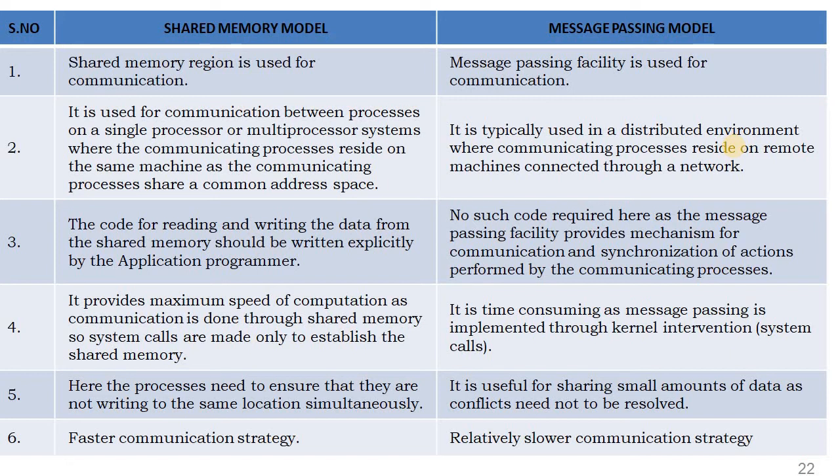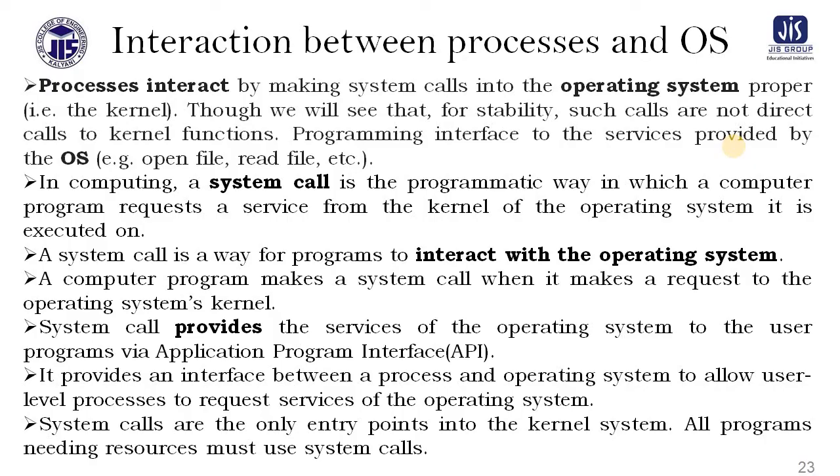Okay. So next I will go to the next part of our syllabus, that is the interaction between processes and the operating system. One kind of interaction we have already studied, called inter-process communication. But how this inter-process communication actually goes through, that means whatever the processes do and whatever resources are available, they all are interacting with our operating system.